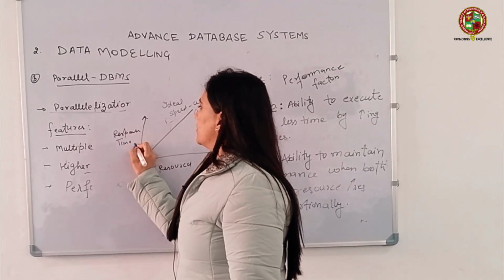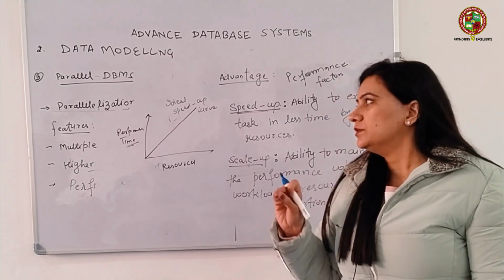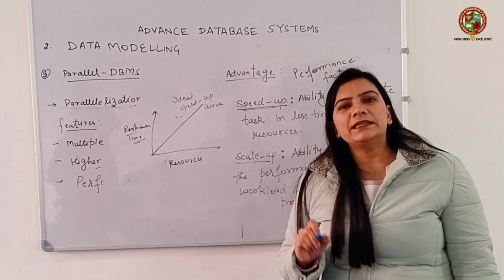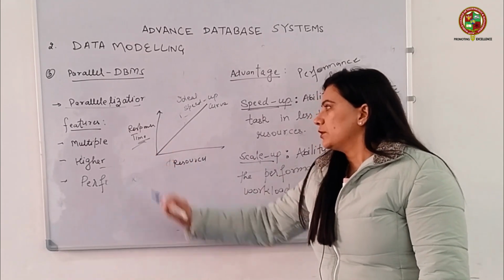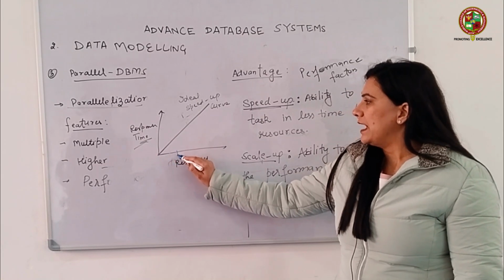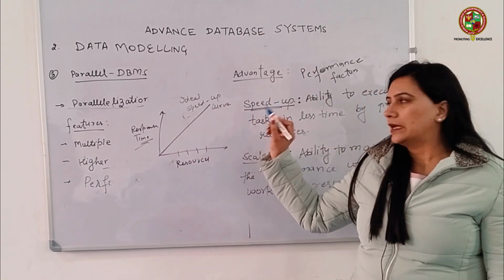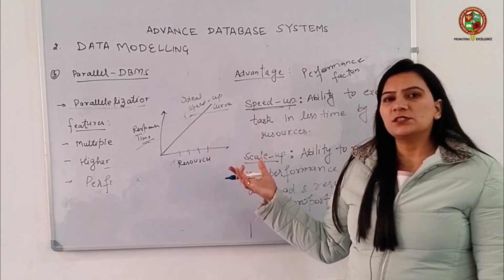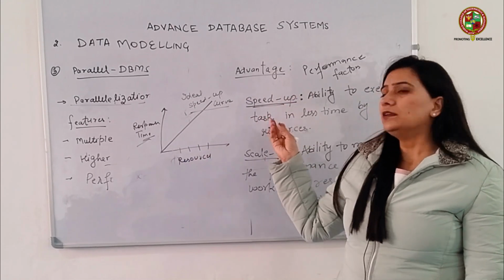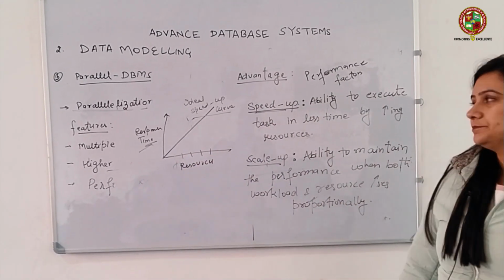First, what is response time? The response time is the time from when we give the query to the processor until we get the output. That complete time is calculated as response time. As we increase the number of resources as per our requirement, we get improved response time. So this is an ideal speed up curve. If we increase the resources, we get our answers very quickly and effectively in lesser time.